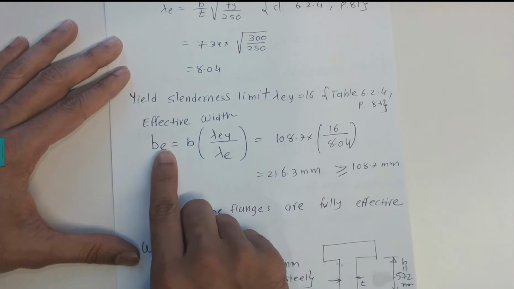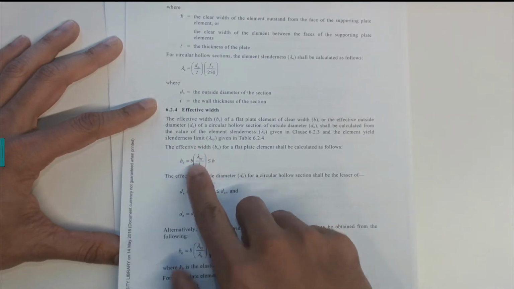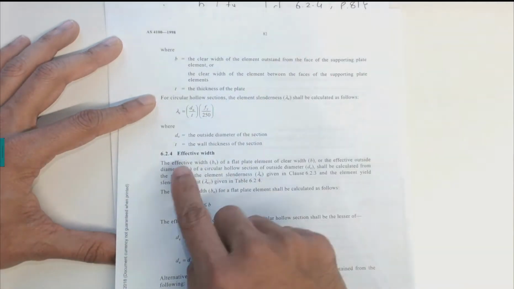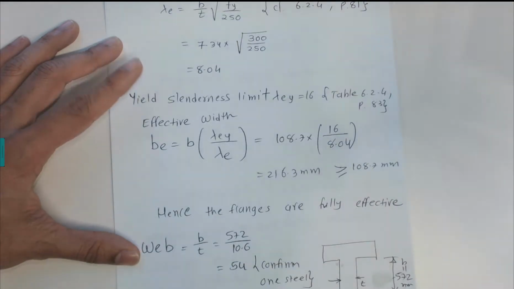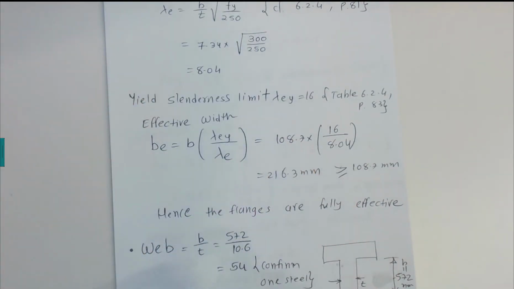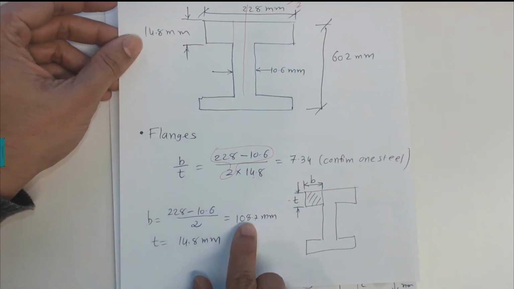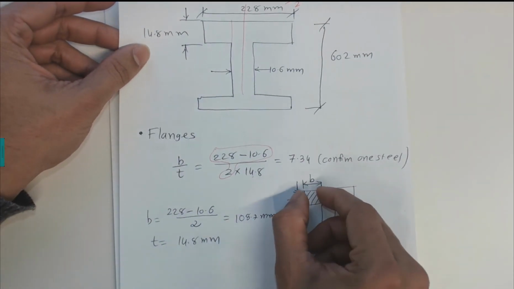So we are going to calculate be equals b times lambda ey over lambda e, which comes from page number 82, clause 6.2.4. We can substitute 108.4, which is b, that we calculated just before, which is 108.7, that is this b value.